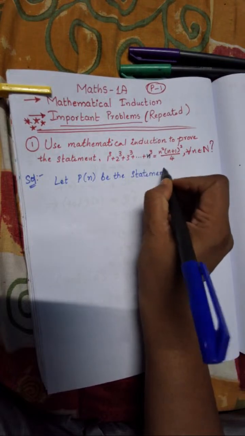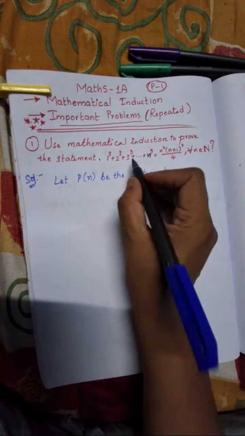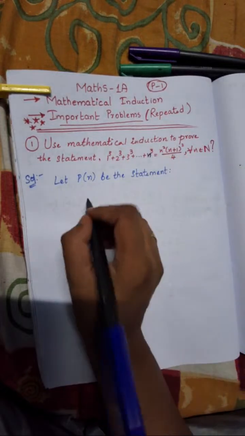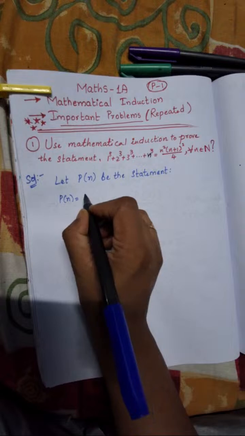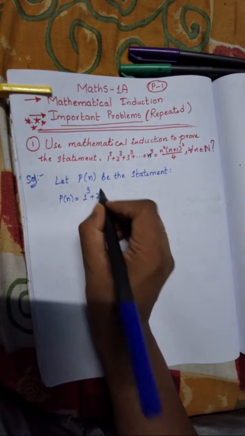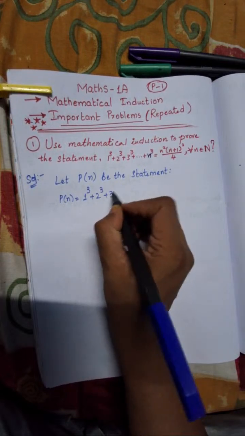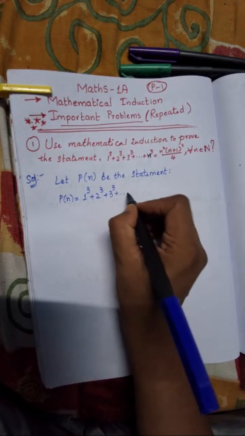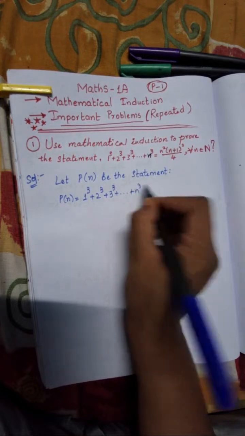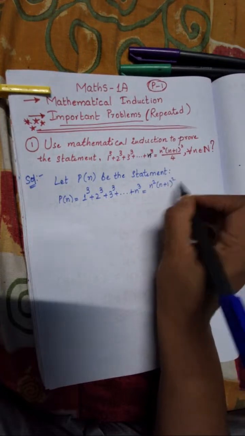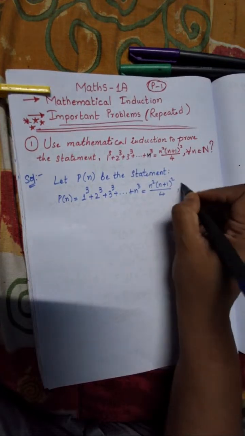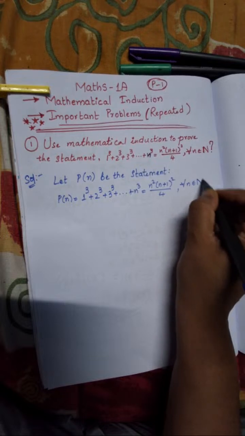P of n is 1 cube plus 2 cube plus up to n cube is equal to n square into (n plus 1) whole square by 4, for every n belongs to capital N. Now what do we have to do?